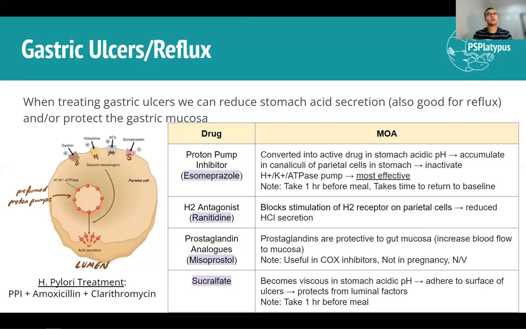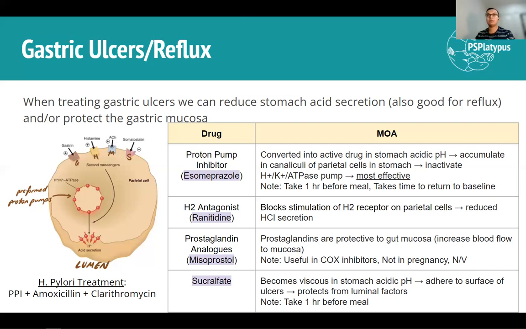And a quick note here as well is you take them 1 hour before your meal, because if you remember, we said that it was converted into its active form in the stomach's acidic pH. If you have it during or after a meal, that's when your stomach's pH is going to be even more low, because your stomach's going to secrete even more acid, and that will potentially interfere with the function of this drug.